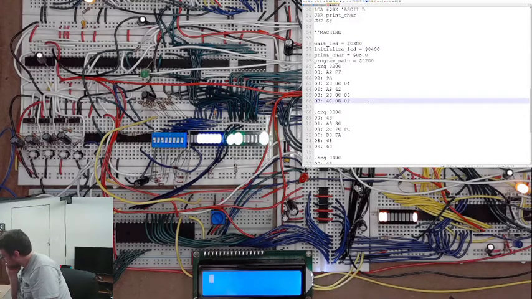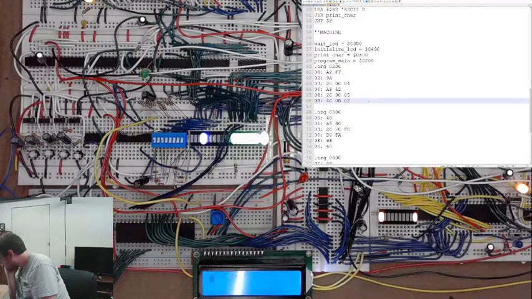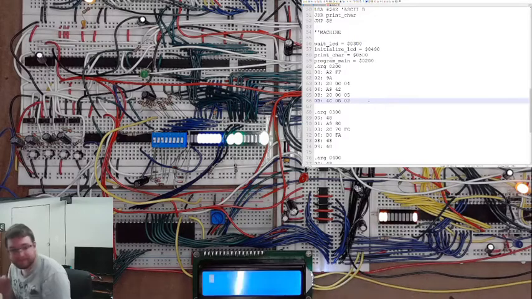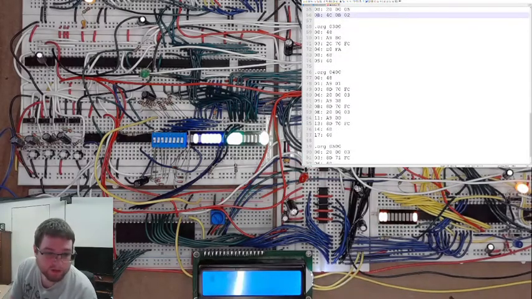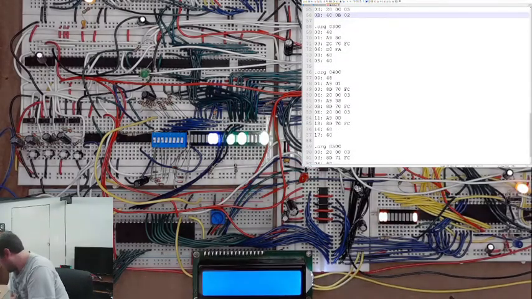So we're currently in 3. Now we're in 5. We were in 4. Now we're back in 3. We were in here somewhere. Okay, so it's still in the initialization process.